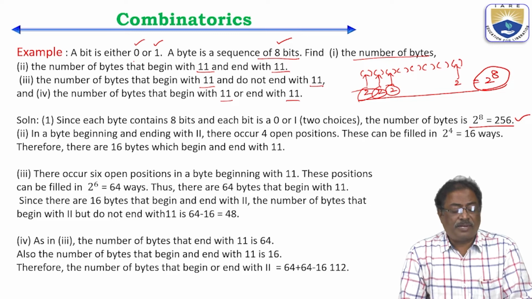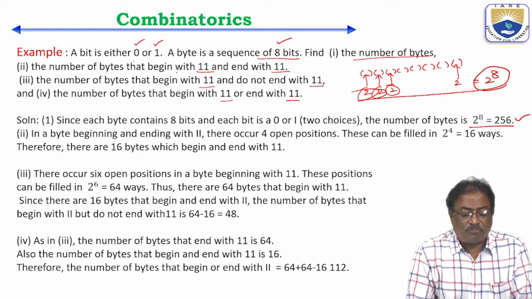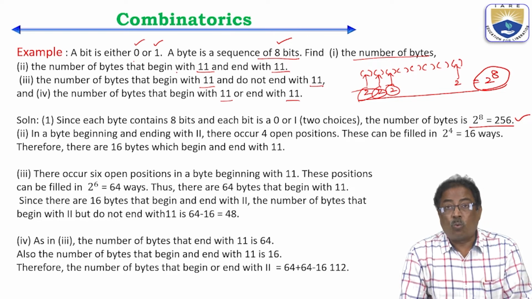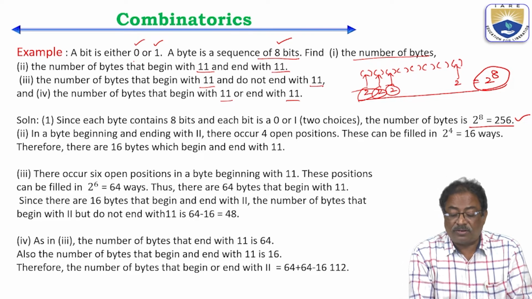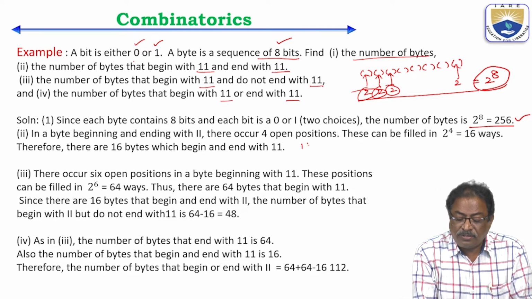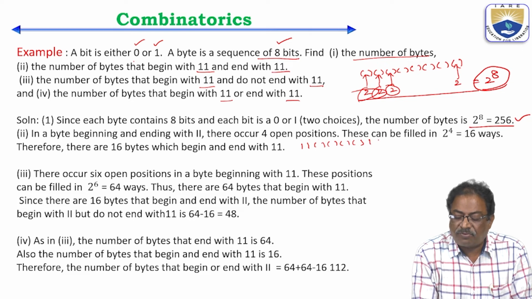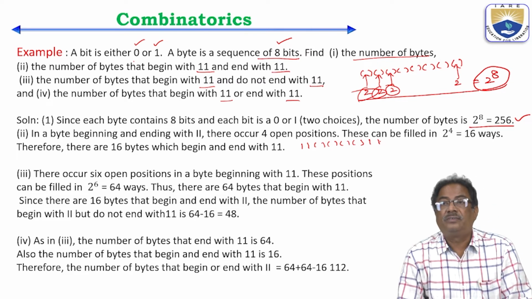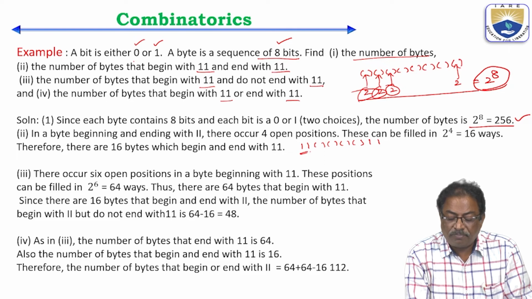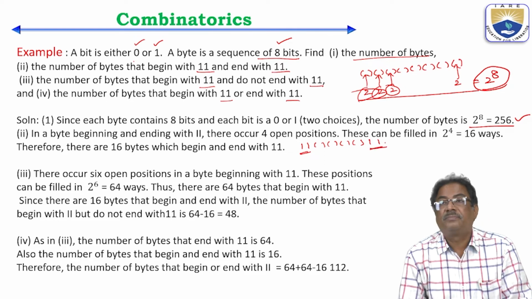And next, the second one is the number of bytes that begin with 11 and end with 11. So beginning with 11, 2 positions are over, and ending with 11, these 2 are filled.